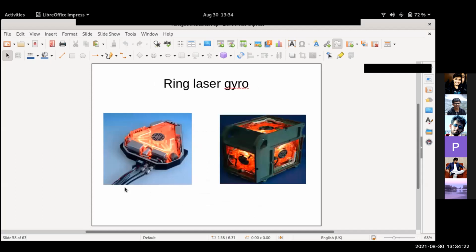The complete path, you can see, is glowing with a laser beam moving inside. The left-hand side is a one-axis gyroscope; on the right-hand side, you can see three different gyroscopes placed orthogonally on three different axes. This complete pack will be kept inside the launch vehicle.